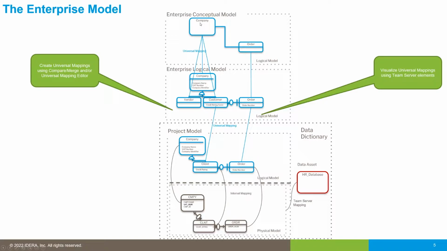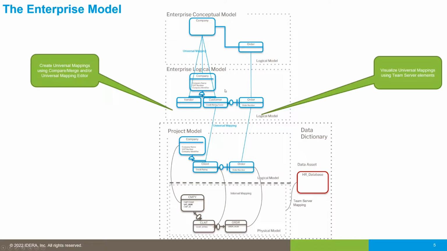So we can have a general notion of companies and orders. Our enterprise logical model will then have a greater number of entities, a greater amount of detail. We'll probably have our entities fully attributed. We might even have the keys in there, the foreign key relationships between them, and the model might be in third normal form. But this is a company-wide standard logical data model.